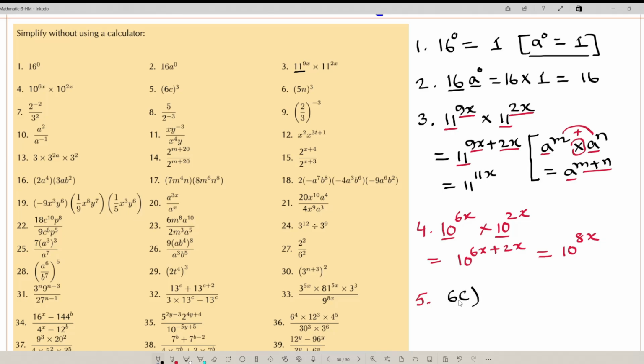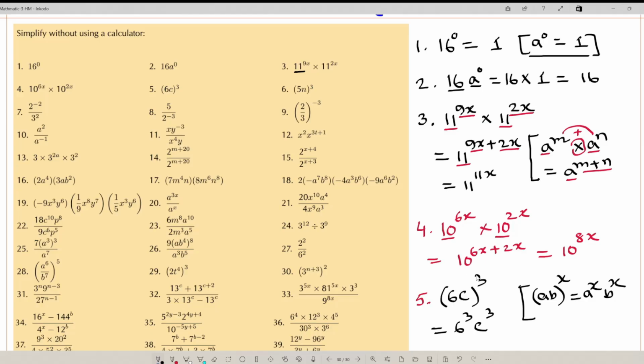Number 5. 6c to the power 3. Here the answer is 6 cube c cube. Why? Because we also know (ab) to the power x is a to the power x times b to the power x.